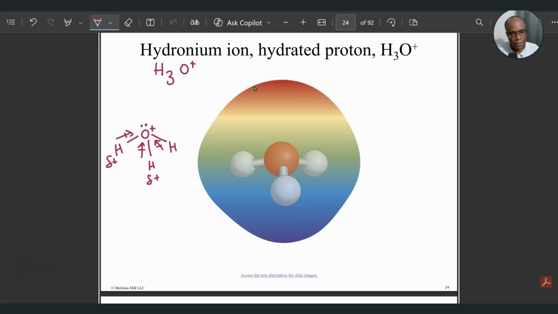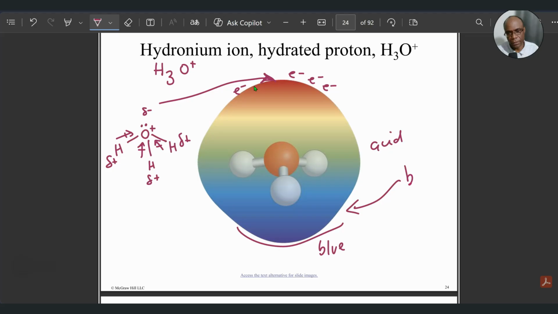These hydrogens will be acidic, oxygen partially negative, which is why you see this area right here is very orangish. That's telling us this is where the electrons are mostly found. And then the positive charge will be somewhere in the middle of the molecule, denoted by the blue area. So this is an acid because it has lots of blue area in the model.